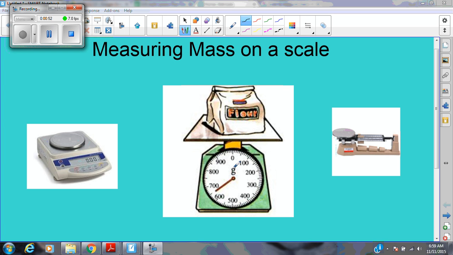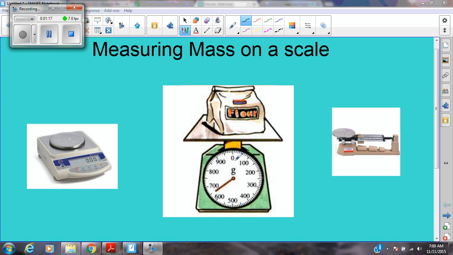It has intervals just like a clock, and it could be in all kinds of different intervals. It could count by ones, tens, or hundreds, which is the case on this scale right here. So we're going to talk about this red needle, because on a scale there's usually just one pointer or hand, if you will.